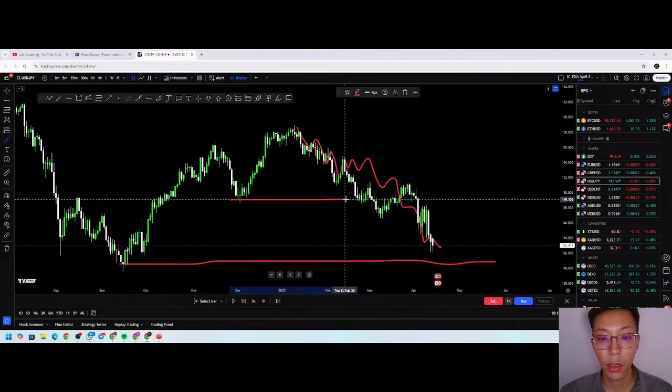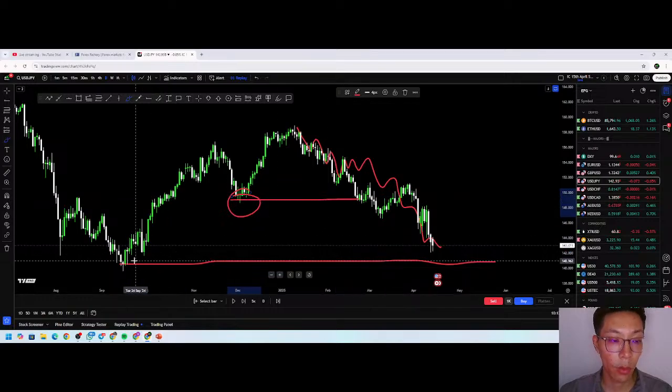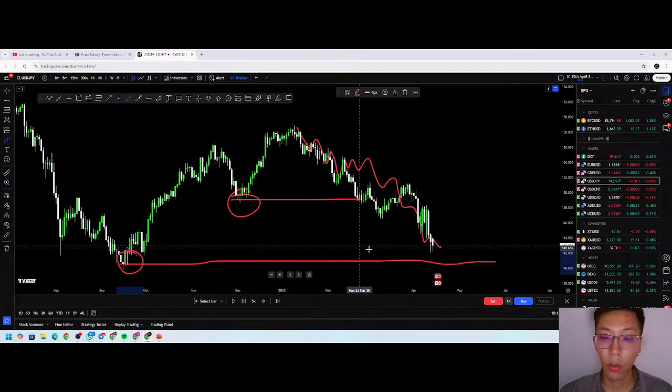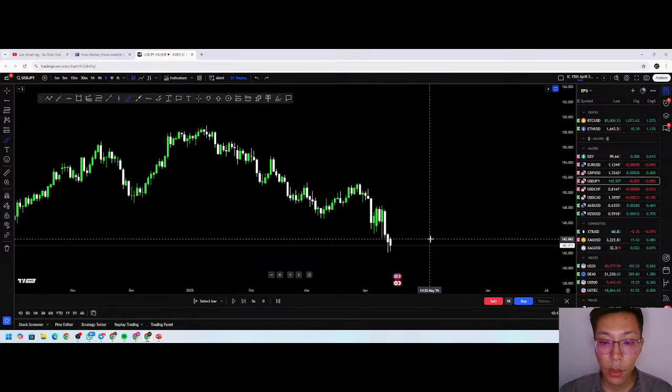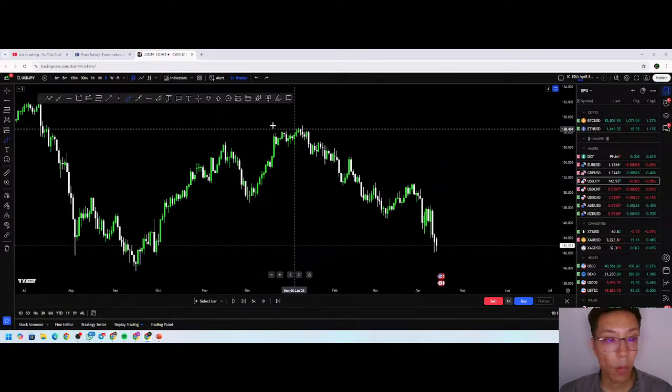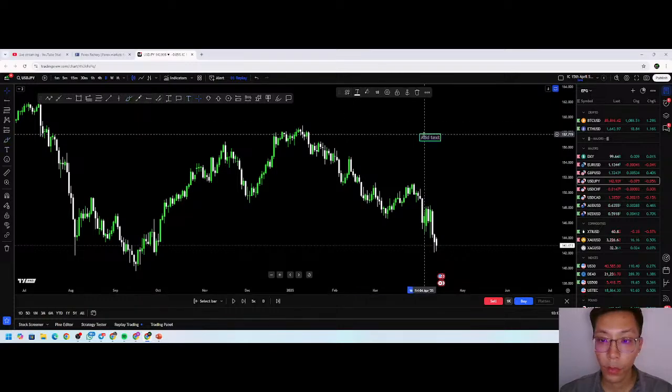Because we have a clear break of this low, meaning that price will continue lower to target this low over here. That's why we have such a strong movement. So firstly, what we are already targeting is daily bias, bearish.